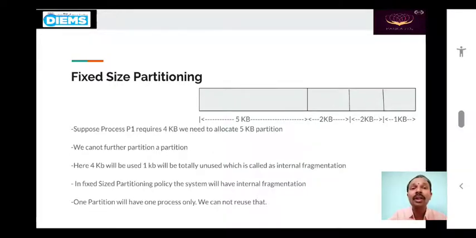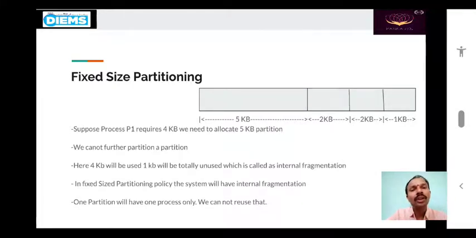Maybe a joint family of around 10 people will occupy the table of that particular size. Now one thing we need to note: let us say 3 people are visiting the restaurant. They will occupy the 4 chair table only, and one chair will always be empty. This is actually known as internal fragmentation, and that is happening inside this fixed size partitioning.